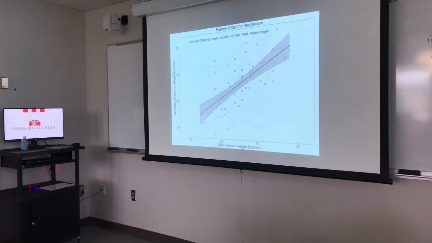So when we want to know how a population is going to respond to selection, what we do is we look at the phenotype of the parents and we look at the phenotype of the offspring and we run a linear regression between these two traits. This is commonly referred to as a parent-offspring regression. And it's the slope that matters.